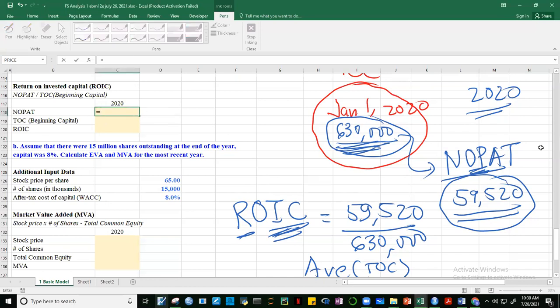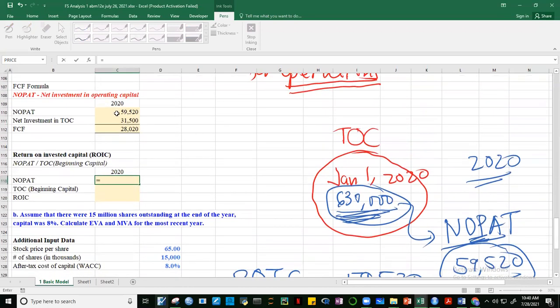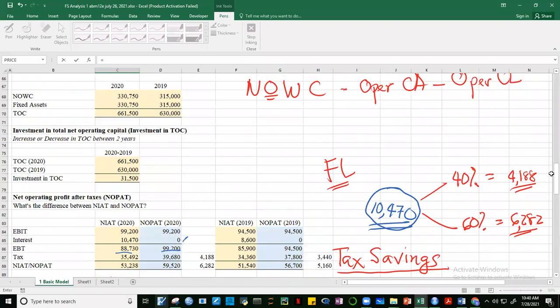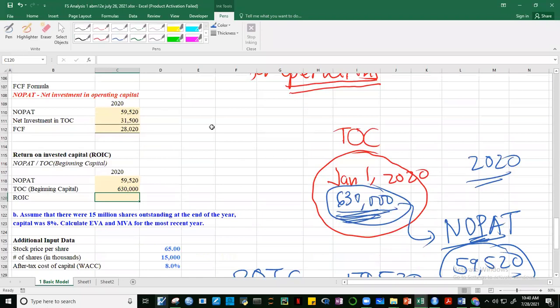Our NOPAT is, yes, 9.4%. How did you get 9.4%, Syra? 59,520 divided by 630,000. Yes, that's correct. We used the beginning capital, but strictly speaking it should be the average for the whole year, of 630 and 661. But for our purposes, we'll just use the beginning capital.